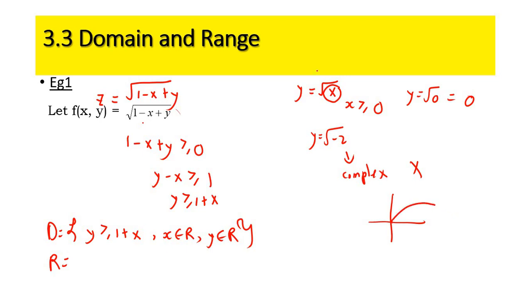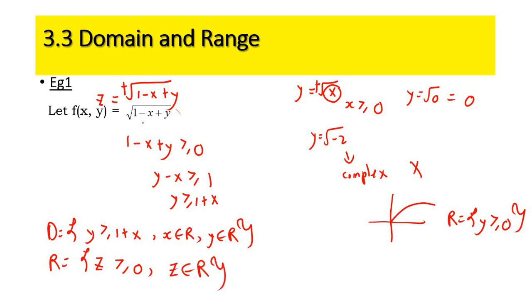For y equal to square root of x, the range is y greater than or equal to 0, because we have the positive square root. Here also the positive square root. That's why the range is actually z greater than or equal to 0, where z is a real number.